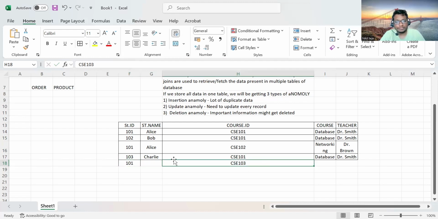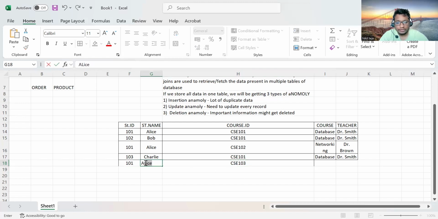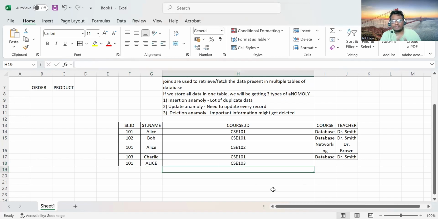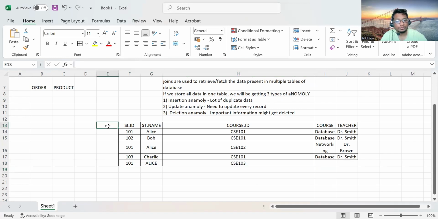What happens here is that we already have the details of Alice's data, the information of student number 101. Again, if we enter student number 101, we have to enter the name again. Student name, student ID, and student phone number are also there.